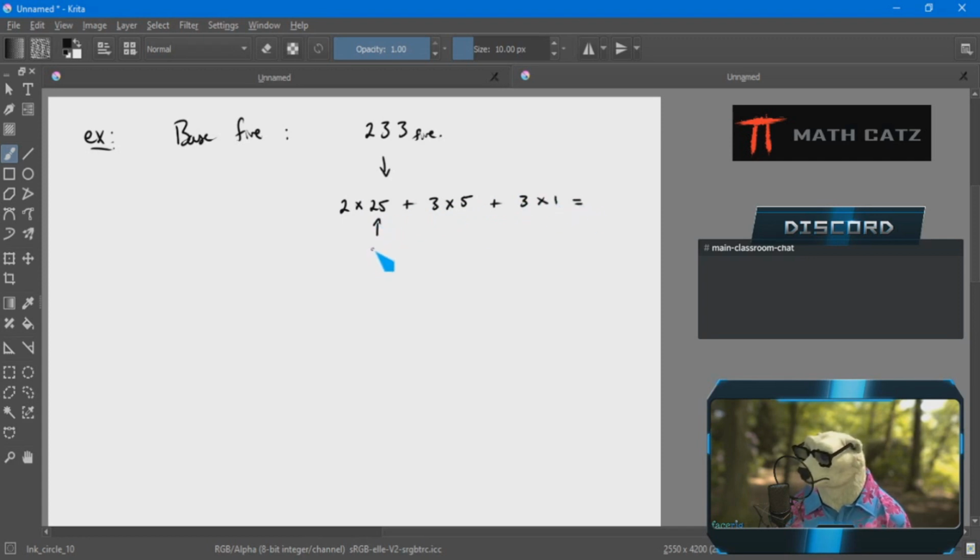This 25, of course, is because we are working in a group size of 5, and each place is an increasing power of 5. So what do we have here? We have 50, then we have 65, 68. So we have our number system representation, whatever the system might be, base 5, for example, with modern symbols, and we can convert it to a decimal number. And we can, of course, go the other way as well.